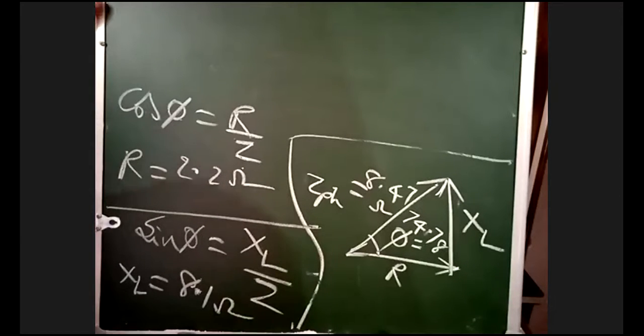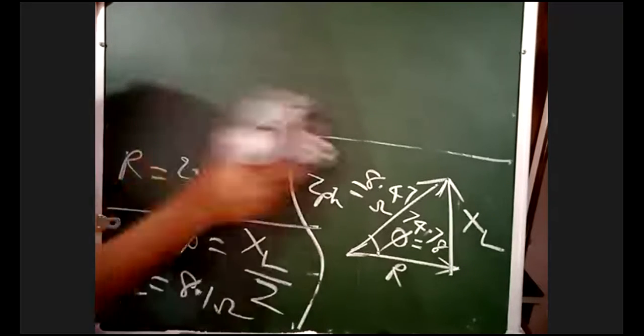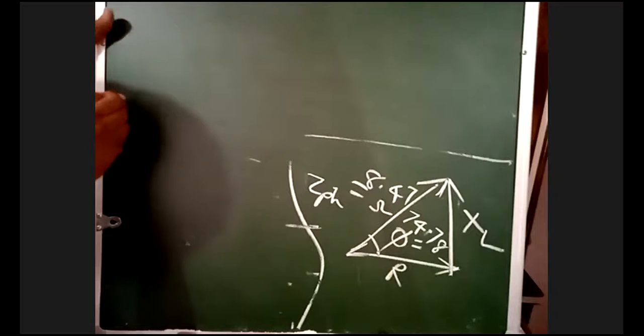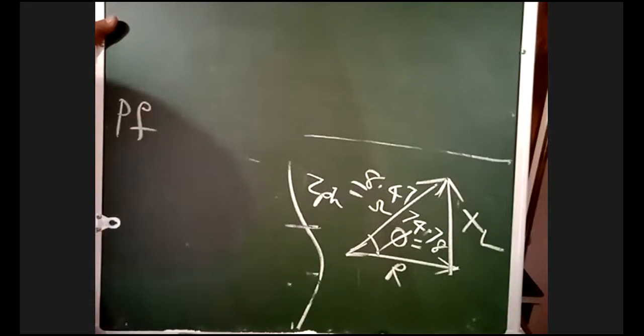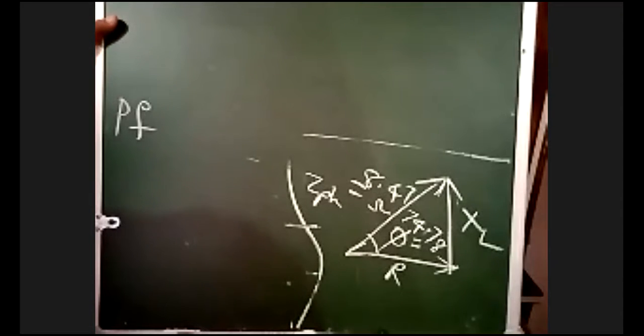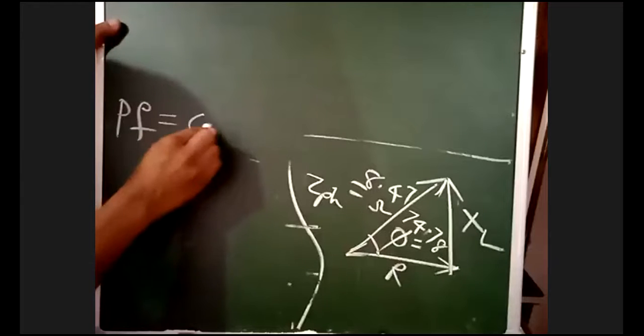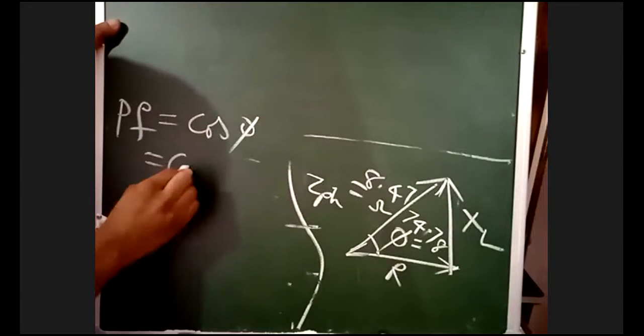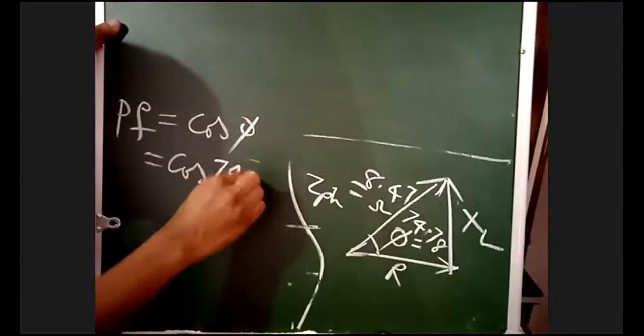Now in the problem, what else is he asking? What is the second bit? Power factor of the load. Power factor is cos phi. We know the phi value, cos 74.78.